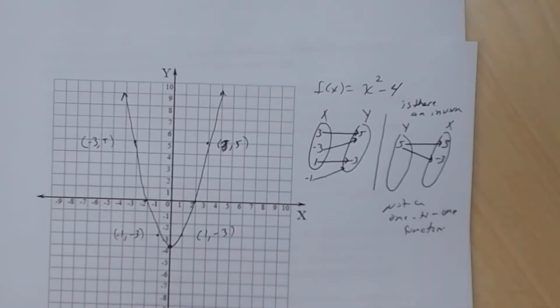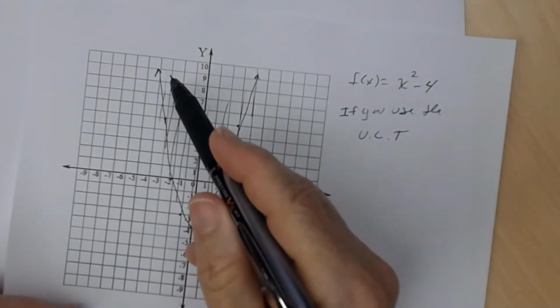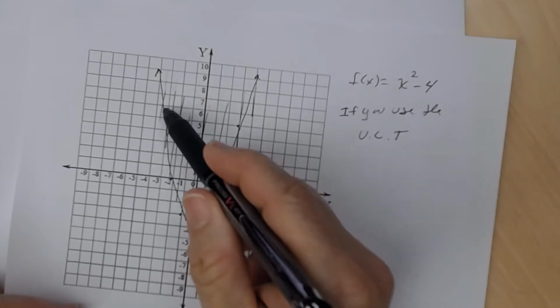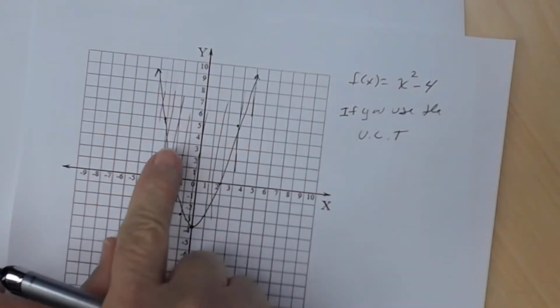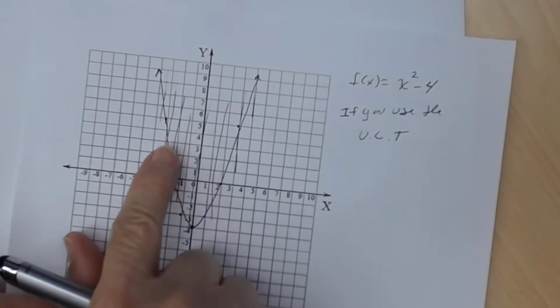Now, remember when we talked about a function and we used the vertical line test? For each x value, there was only one y value. So all these were functions. But now we know that this is not a one-to-one function.